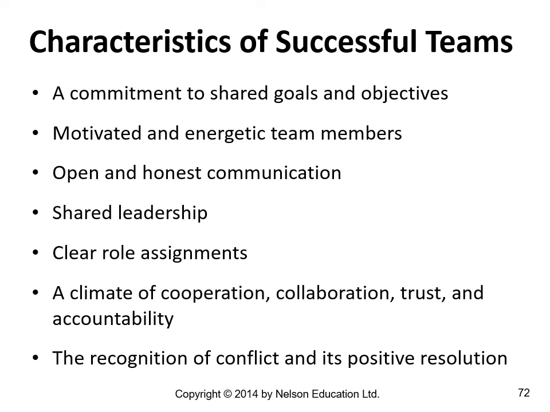Shared leadership is important, along with a clear role assignment so everyone knows what they need to do. A climate of cooperation, collaboration, trust, and holding each other accountable is critical. And last but never least is the recognition that conflict is positive, and through conflict we get to positive resolution.